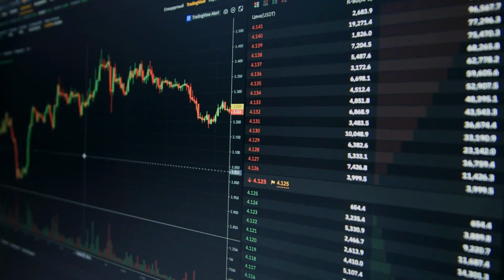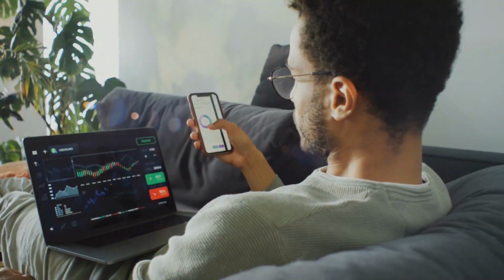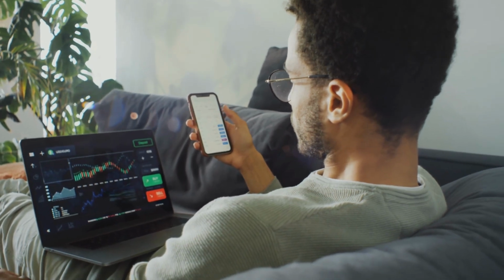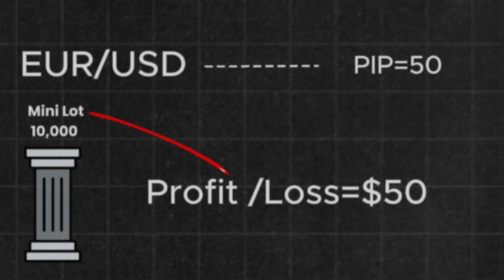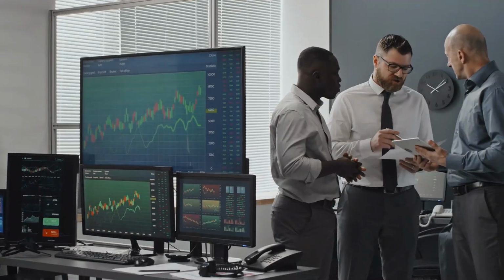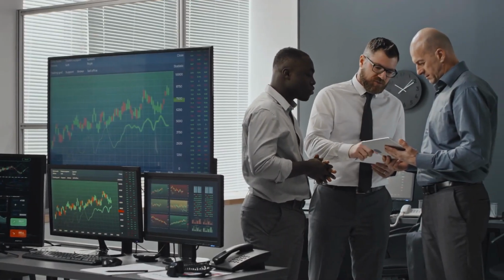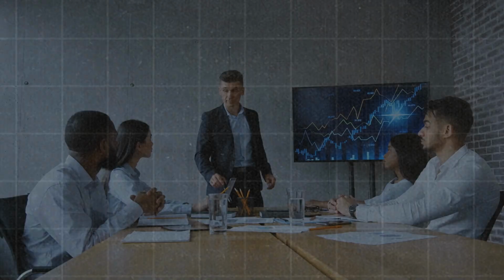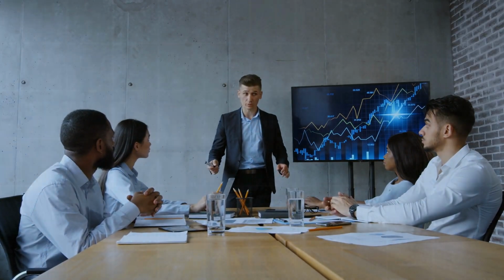Well, here's why pips are absolutely critical for your trading success. Pips determine your profit and loss. So whether the market moves in your favor or against you, understanding pips allows you to calculate how much you stand to win or lose. And the more accurately you can calculate this, the better you'll be at managing your risk.